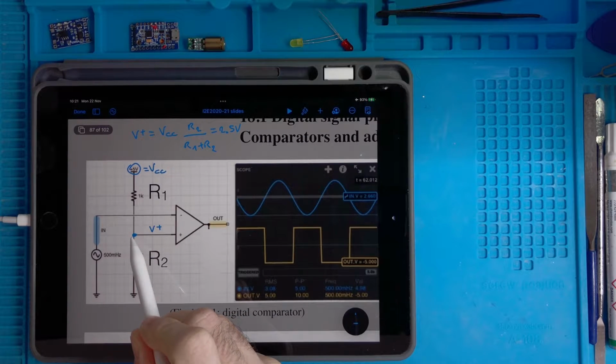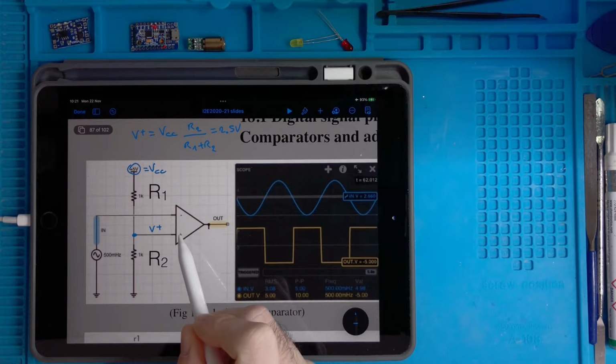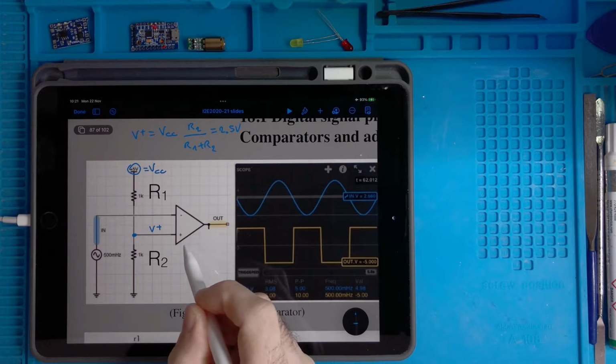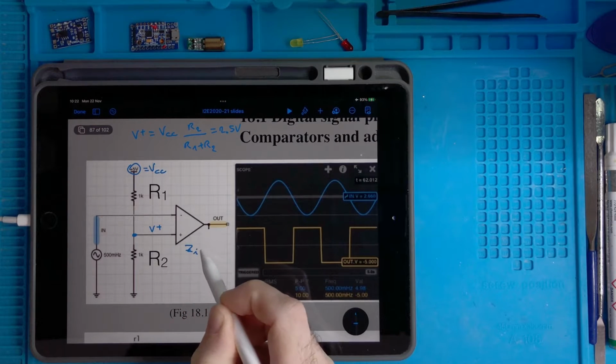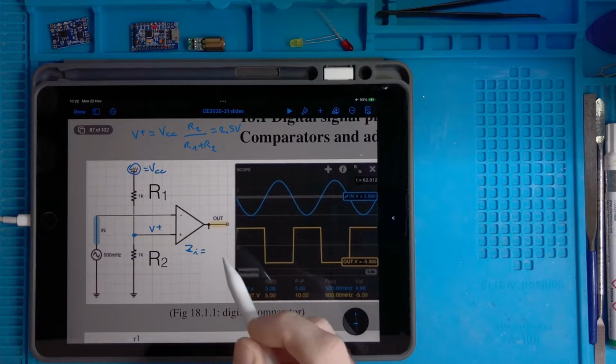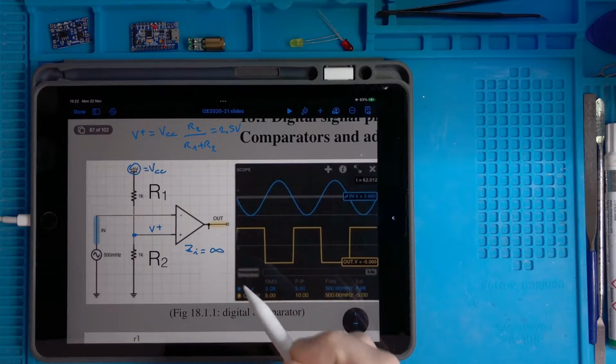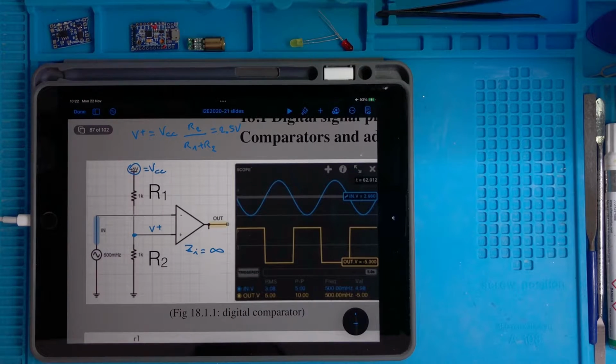This is attached to the input of an operational amplifier. We know that the input impedance of an operational amplifier is close to infinity. I mean, close to infinity doesn't mean anything, it's very high.